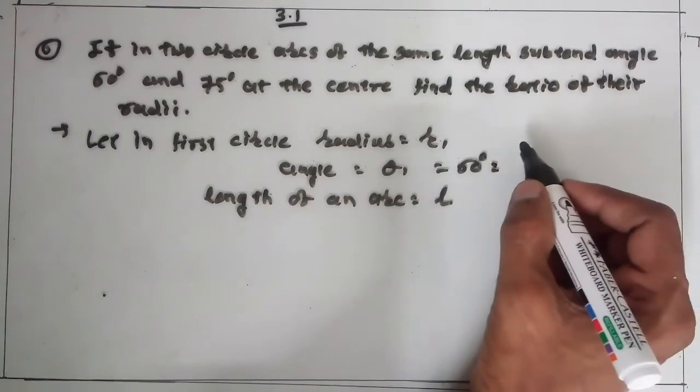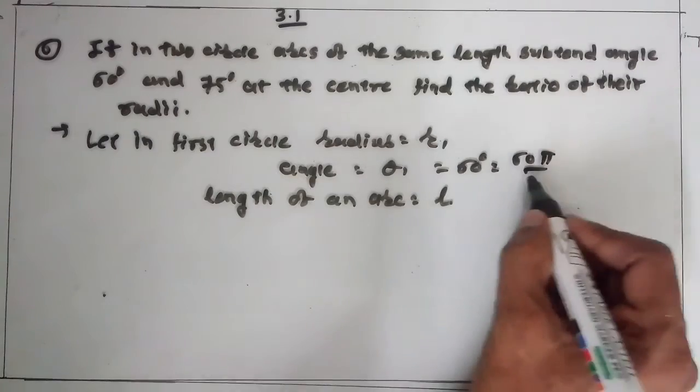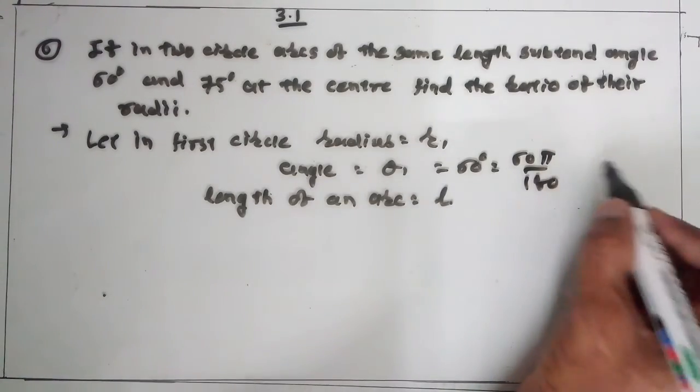Change into radian form, 60 into pi upon 180, remains the same.